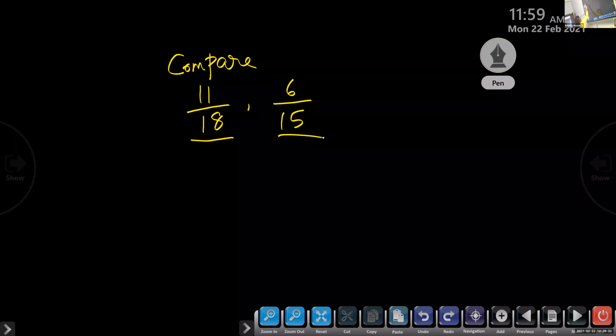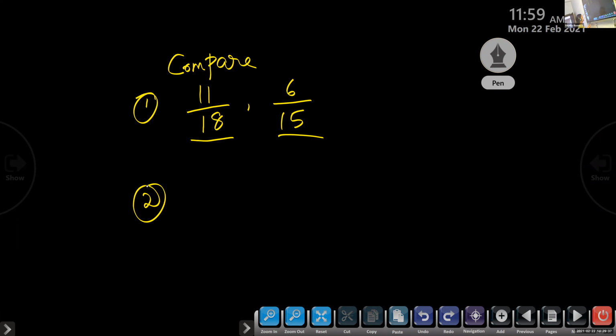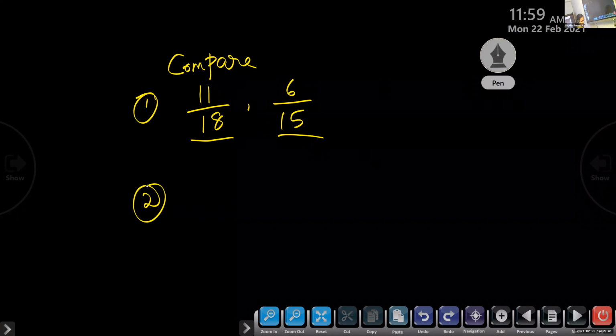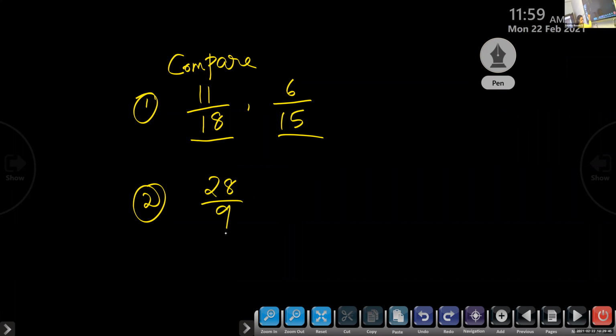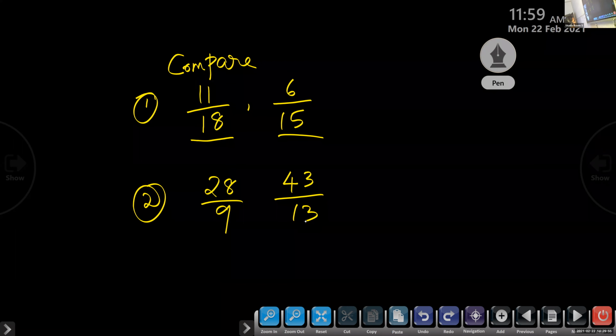This is question number 1. Here question number 2: 28 by 9 and 43 by 13. Compare these two. We are making little bigger numbers.